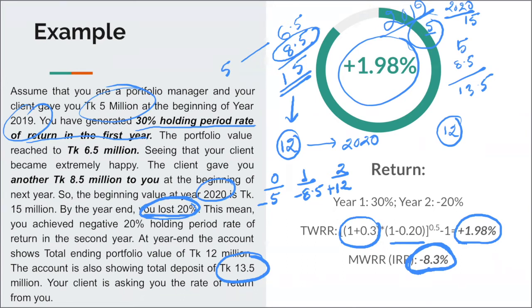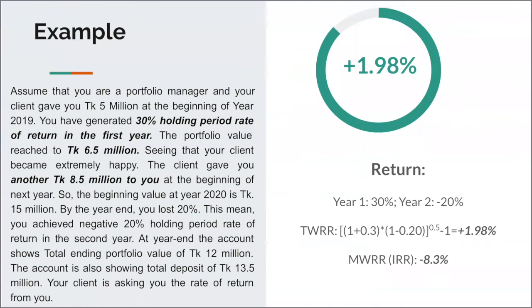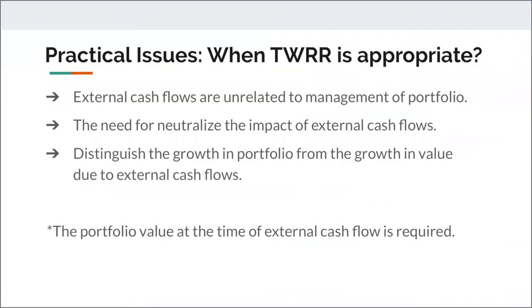So let's talk about some of the practical issues: when time weighted rate of return should be used and when money weighted rate of return should be used. Assuming you are a portfolio manager and you do not have any control over the money injection and the money redemption, for example, in case of an open-ended mutual fund. In that case, your external cash flows are unrelated to the management of the portfolio because you do not have any control.